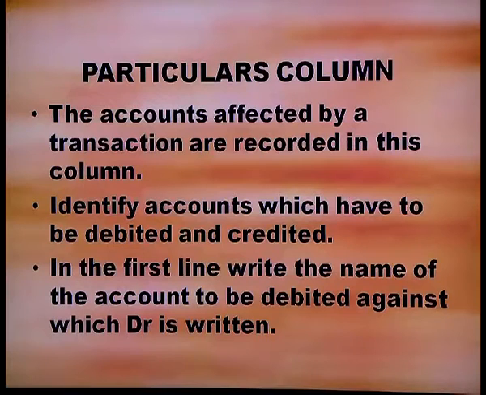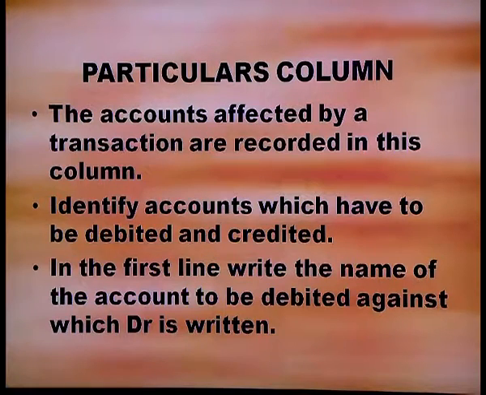The accounts affected by a transaction are recorded in the particulars column. While doing this, we have to identify accounts which have to be debited and credited. In the first line, write the name of the account to be debited, against which DR is written, that is capital D and small r.